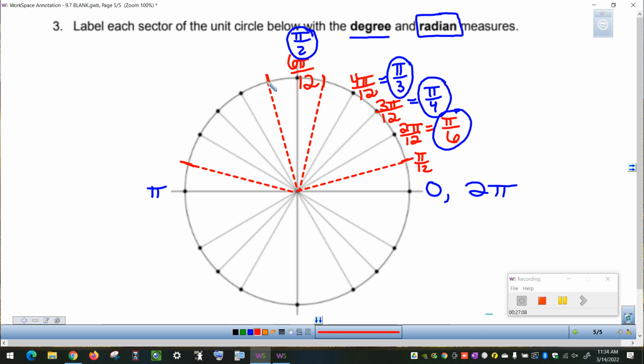All right, then we have 7 pi over 12. I'm going to skip that label. Our next unit circle angle is 8 pi over 12. And that simplifies down to be 2 pi over 3. After 8 pi over 12, we've got 9 pi over 12.